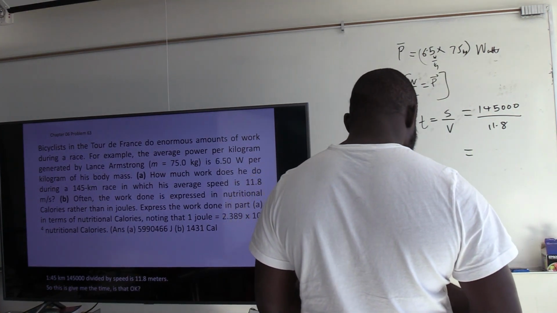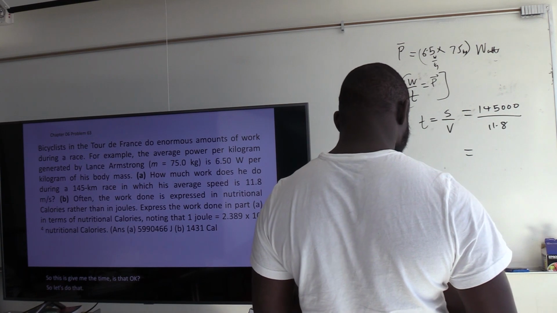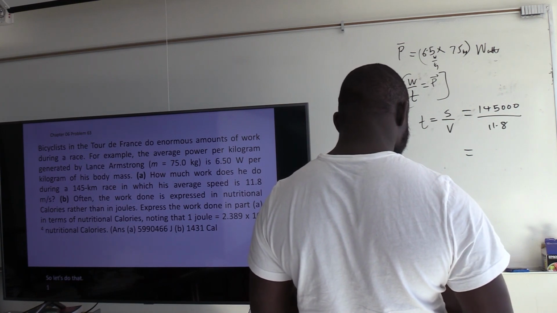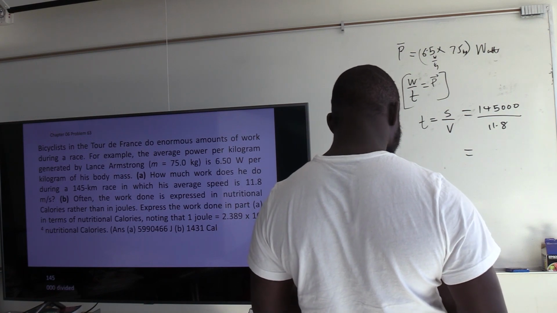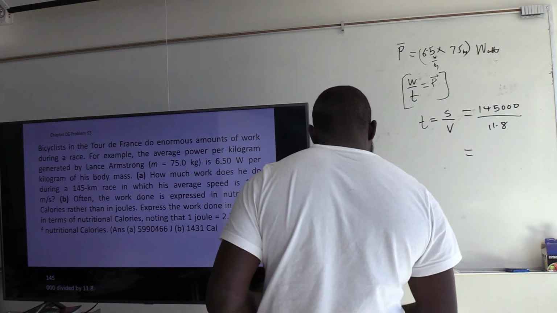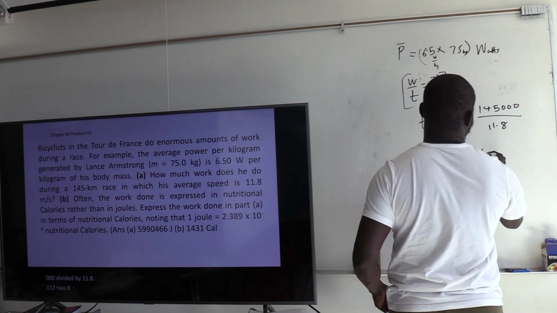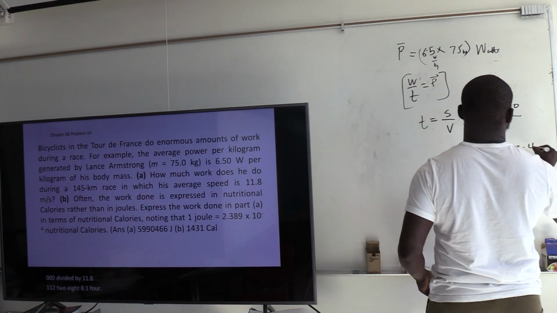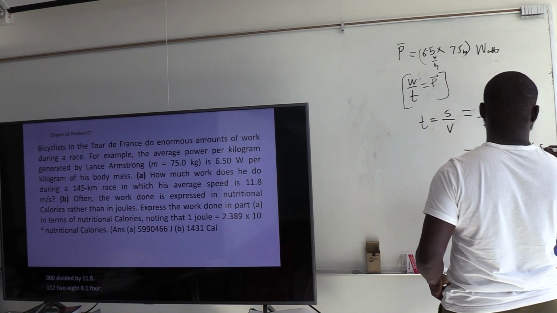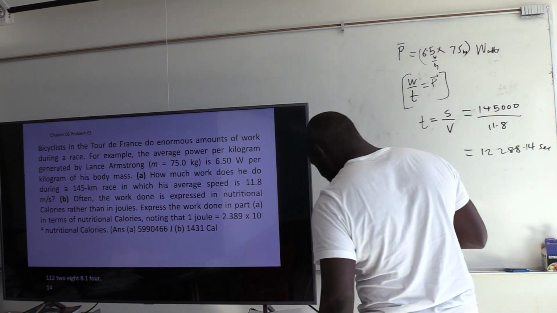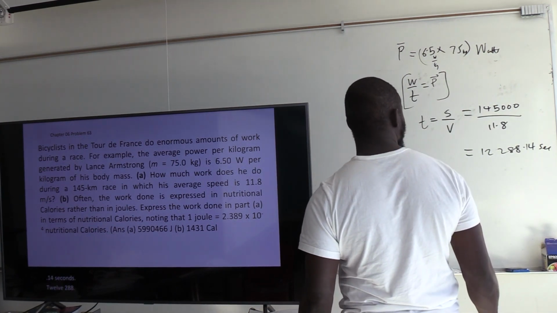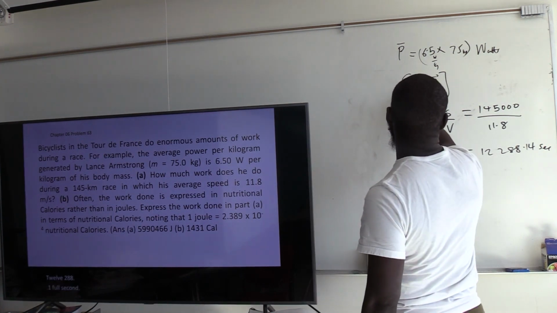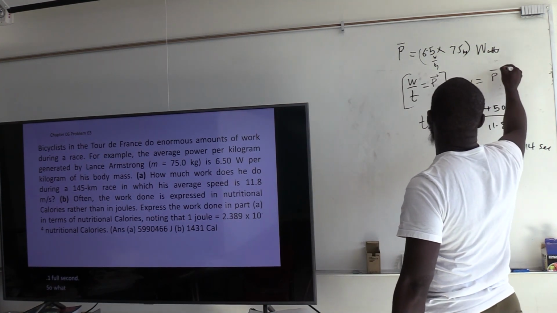So let's do that. 145,000 divided by 11.8 is 12,288.14 seconds. That's a lot of time. So work done becomes average power times time.